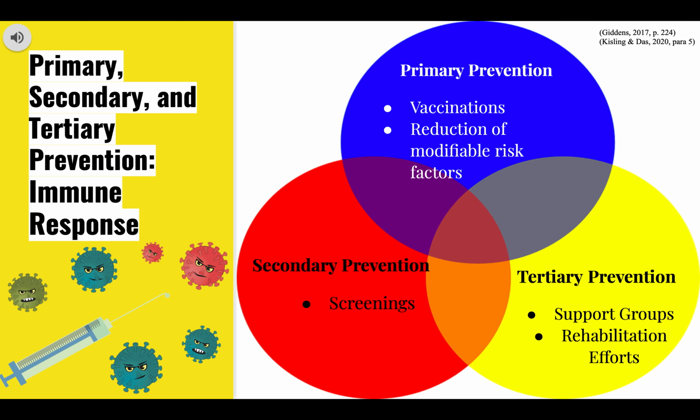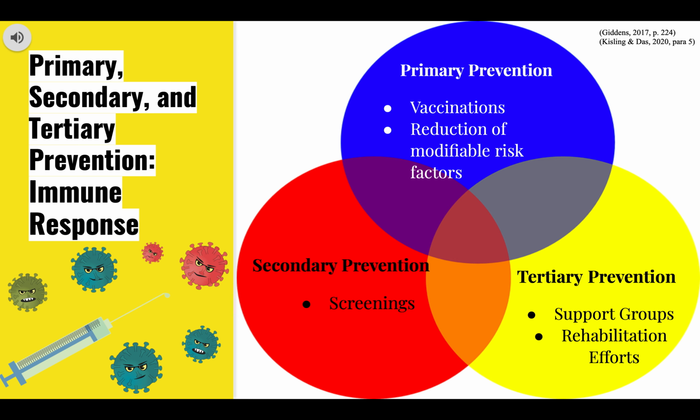Primary, secondary, and tertiary prevention for the immune response. Primary prevention falls under two categories, which are vaccinations and reduction of modifiable risk factors that were noted in the risk factor slides. So for vaccinations, the CDC's Committee on Immunization Practices has a vaccination schedule for children, adolescents, and adults.